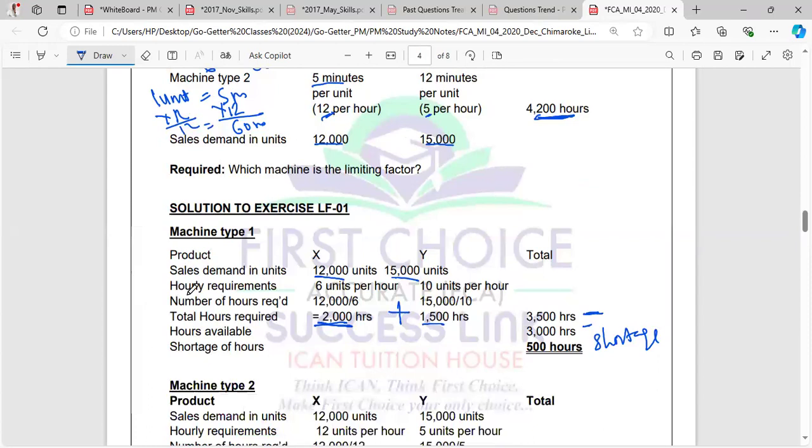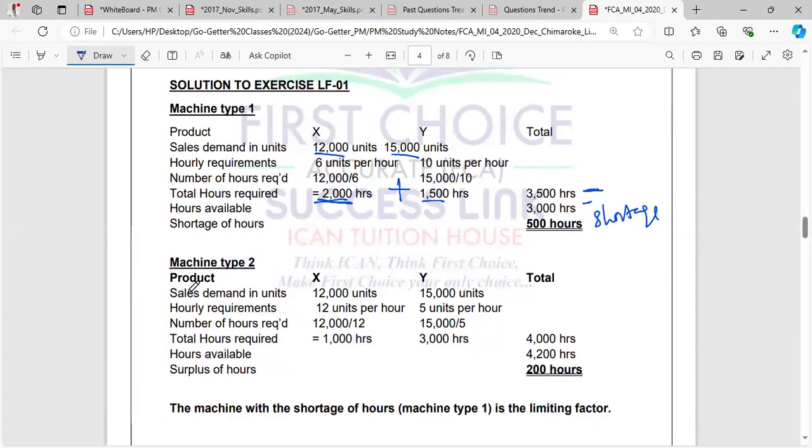Look at machine 2. Let's see whether we will have a shortage. Machine 2 still requires 12,000 units for X, and you are doing 12 units in 1 hour. So when you divide 12,000 by 12, you are getting 1,000 hours for X. Using the same logic for Y, you have 15,000 units, 5 units per hour.